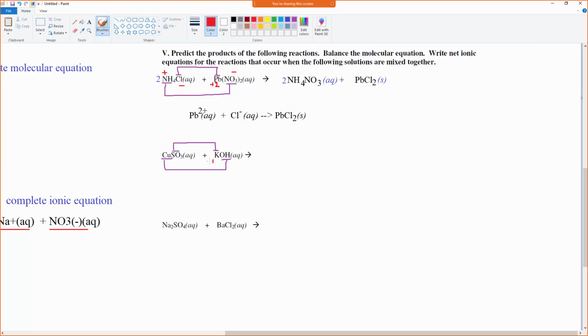potassium's in group 1, so it has a charge of +1. Hydroxide is a polyatomic. You memorize it as a charge of minus. Copper is a transition metal, so we don't know the charge, but we do know this one. The SO3 is a polyatomic ion sulfite, which has what charge? -2, perfect.